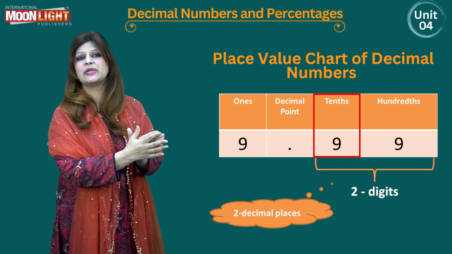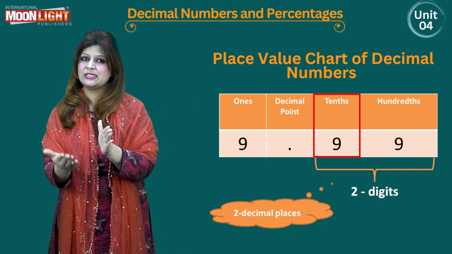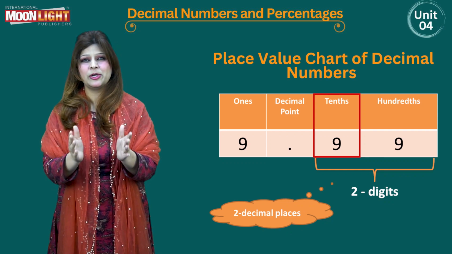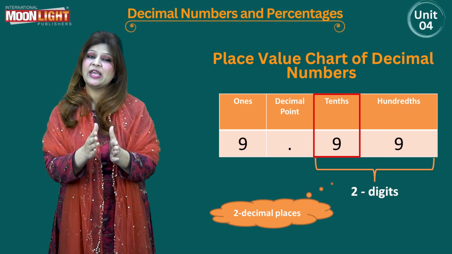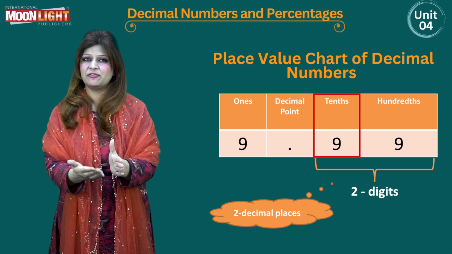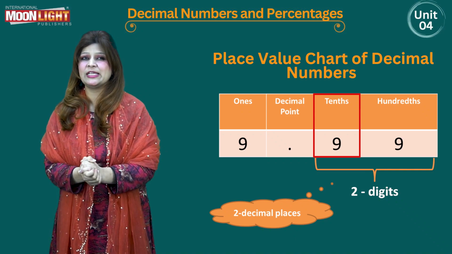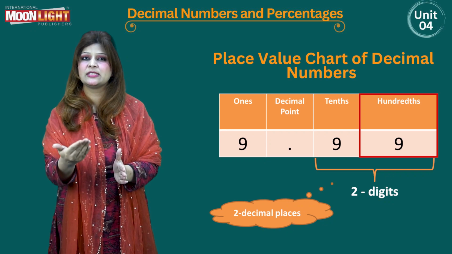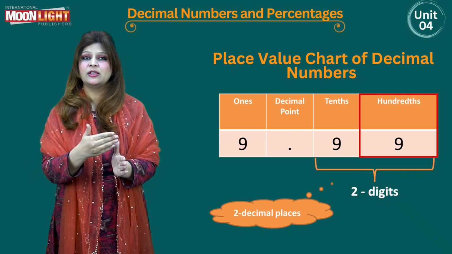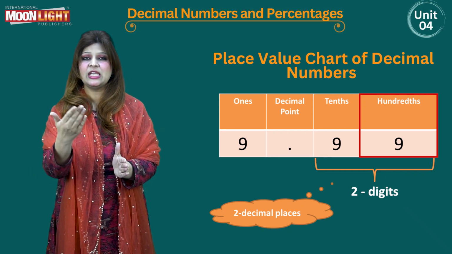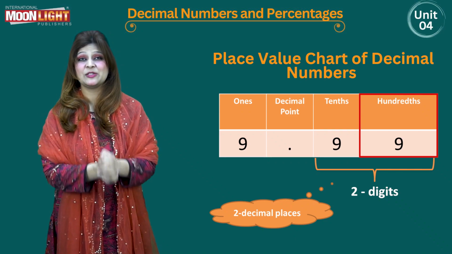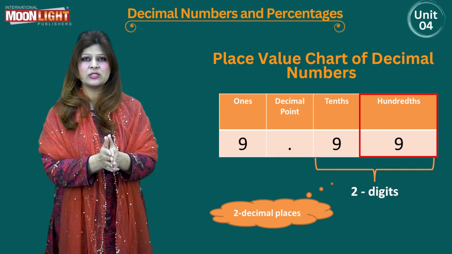After this tenths, we already know that after tens we have hundreds. So after a decimal point, we write it down as hundredths, T-H-S. T-H-S will be there at the last. Just focus on this thing.